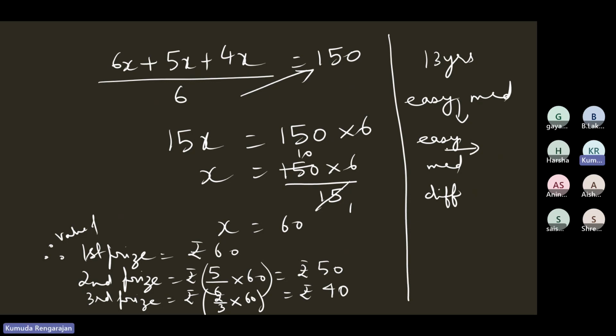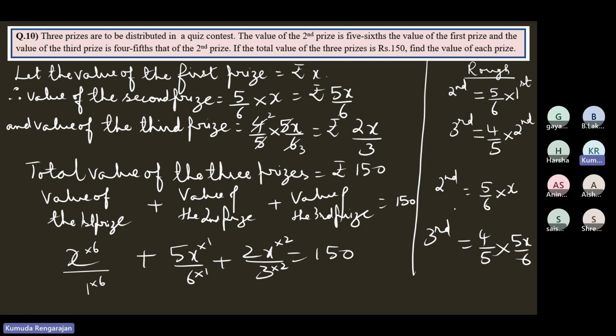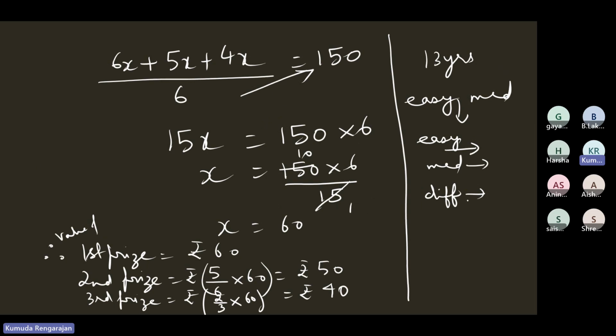There are questions ahead of this which are medium, and ahead of that which are difficult, though you can make them easy to understand. When you look at it for the first time, it may read very difficult for you. But once you understand how to do it, it becomes easy. Even the difficult one will become very easy, so you have only one category, easy.